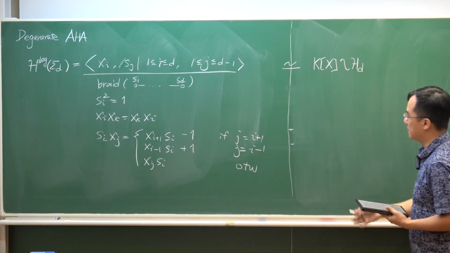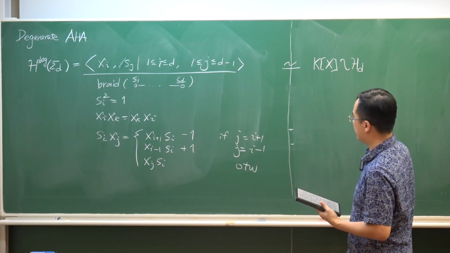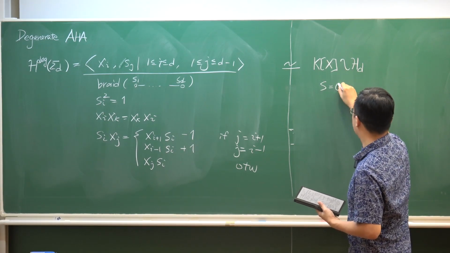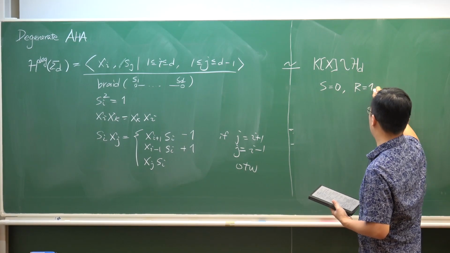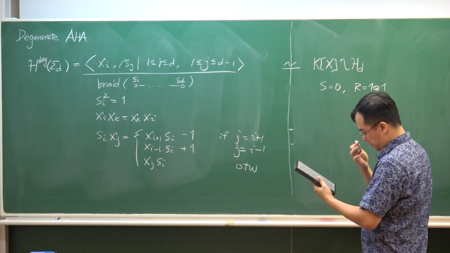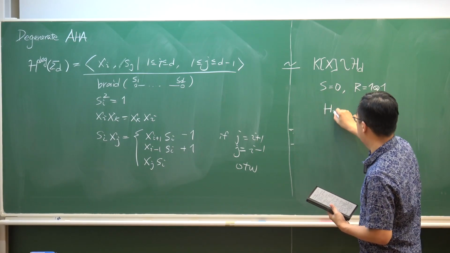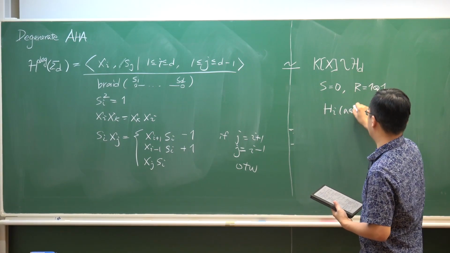And then you have almost the same argument. You want to describe s and r to be 0 and 1 so that you have a degenerate quadratic relation. And next, you want to describe how H_i interacts with a tensor B.